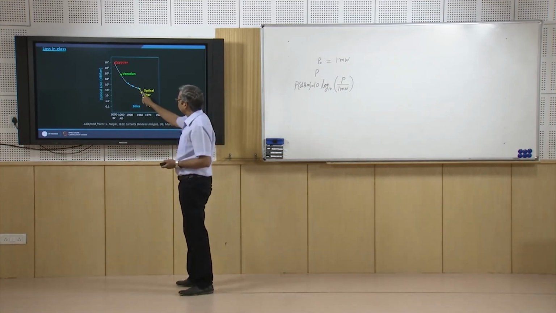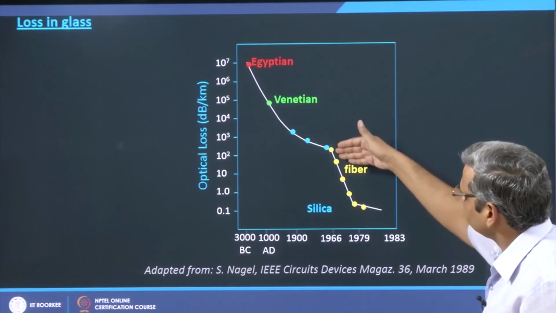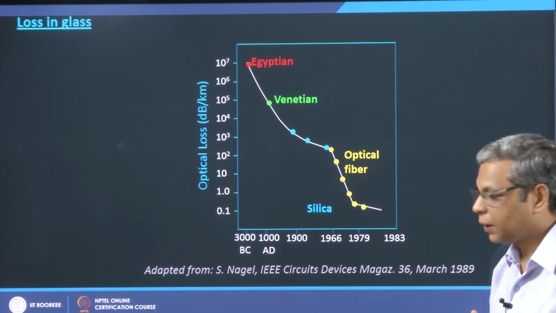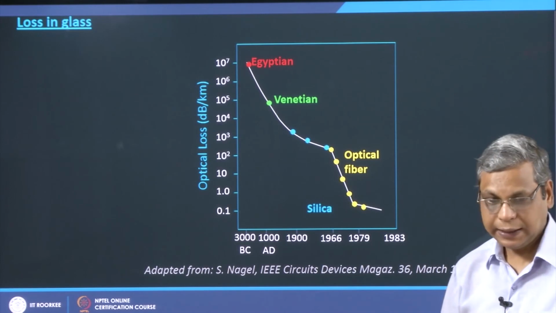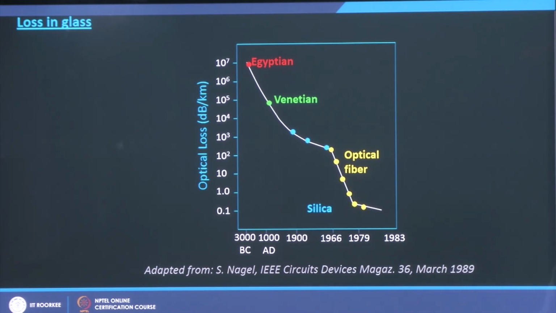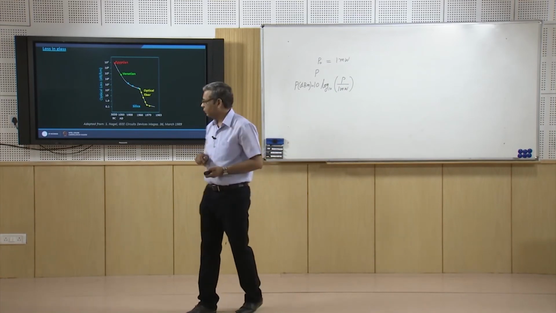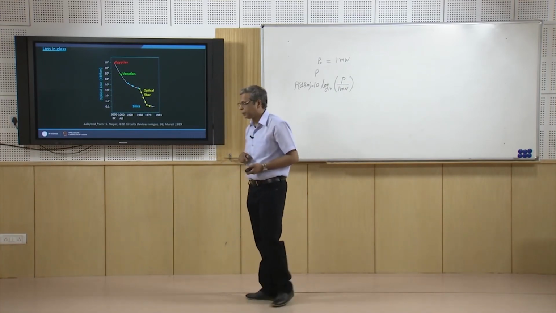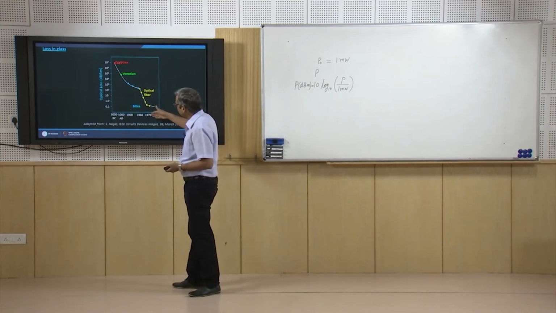So it was that point. From here you see low loss optical fiber came up. This is the point representing 1970, the fiber produced by Corning Glass Works, which had a loss of 16 dB per kilometer, and then you see a sharp fall.